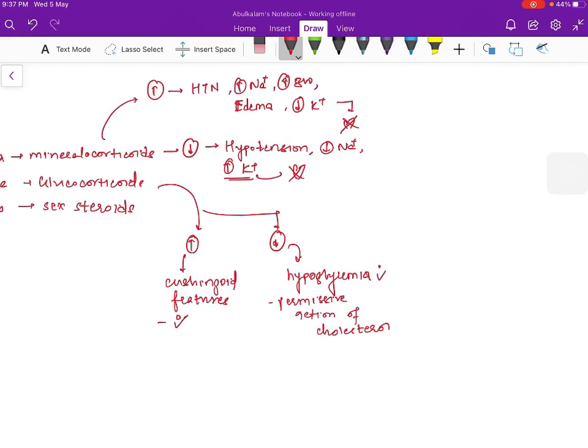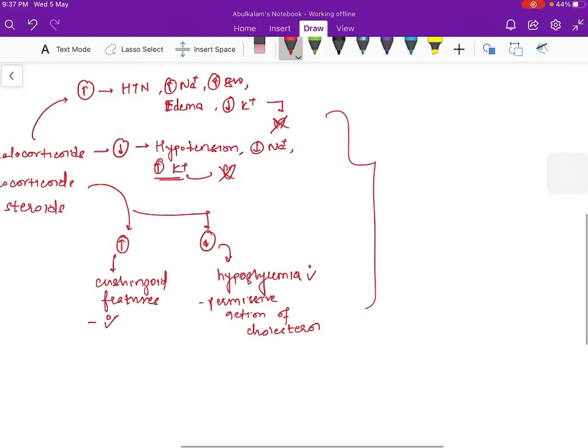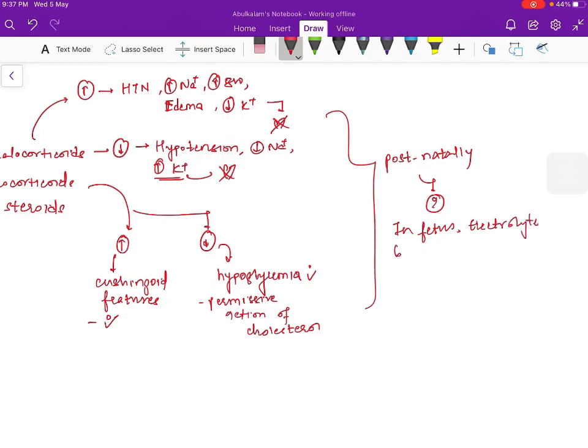Now, the important thing to notice is that these two features will usually present postnatally. Question is why? Because in the fetus, the electrolyte balance and the glucocorticoids are all regulated by the mother via the placenta, right?